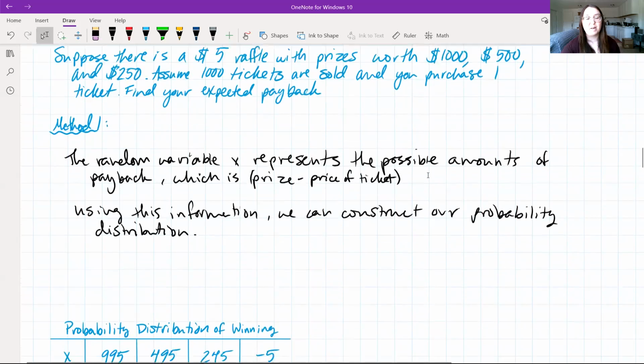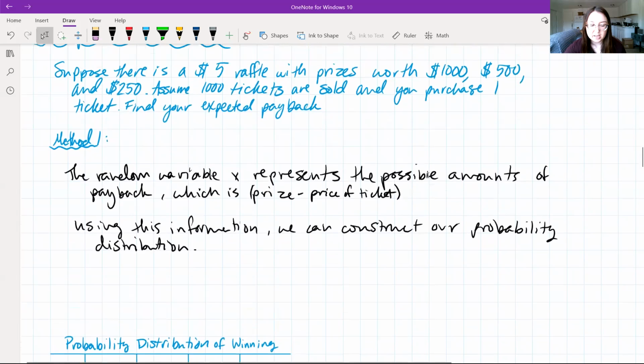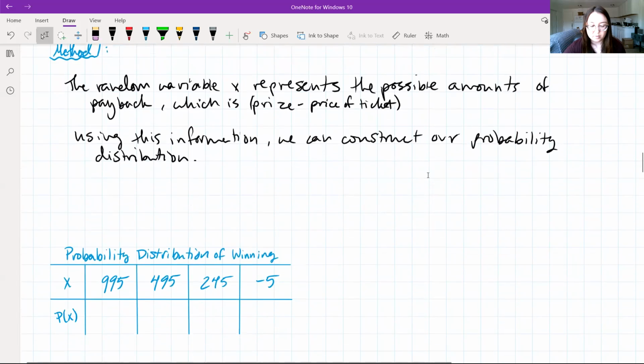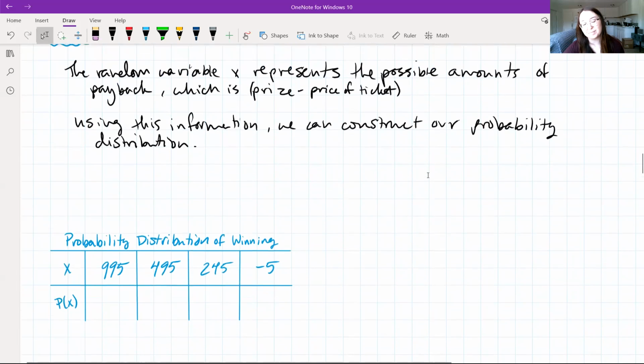Then we have $245, which we know is $250 minus the initial $5. Then we have our last value, which is just -5. So that's you don't win anything, but you bought a ticket.